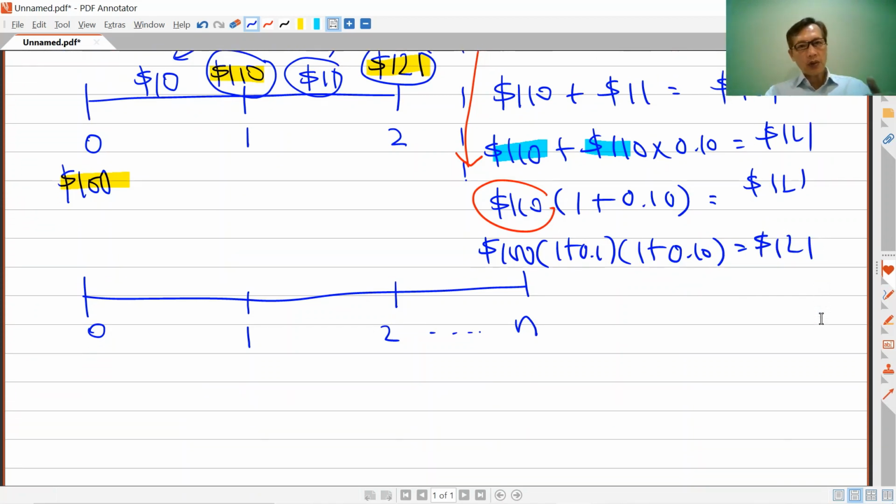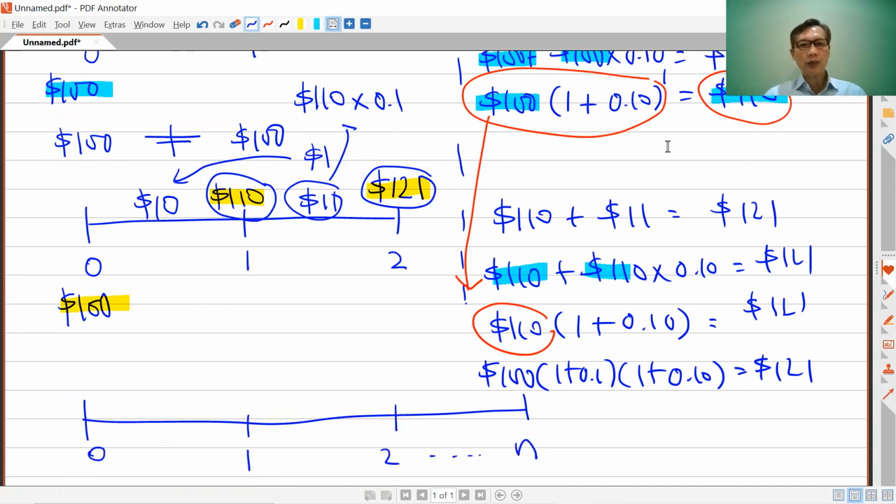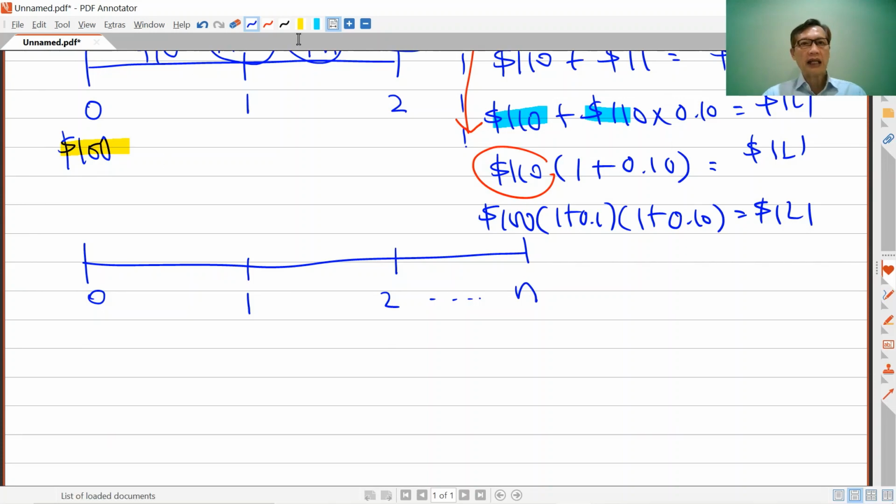So notice that we go through step by step in order to derive a pattern, and then we can come up with a formula. At the end of 1 year, it is actually 110, which is 100 times 1 plus the rate for 1 year. And if you come to the 2 years, you can also factor up this one here, or double up this one here.